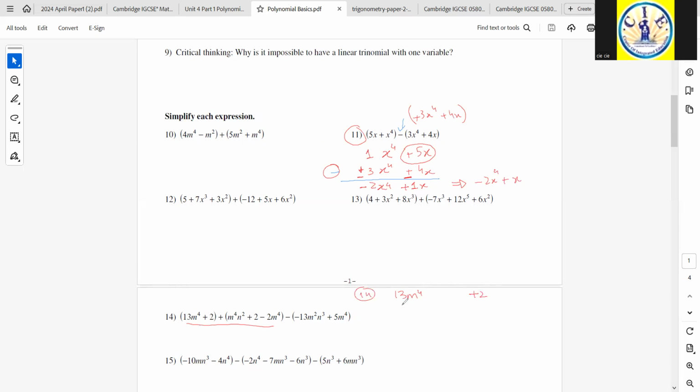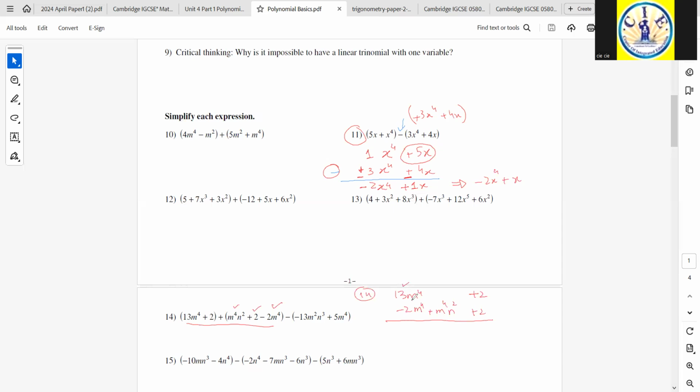And for the second one, this is negative 2m raised to the power 4, and then plus 2 here. And there is another term which I'm just writing down, like m raised to the power 4 n squared. Now I need to add them.